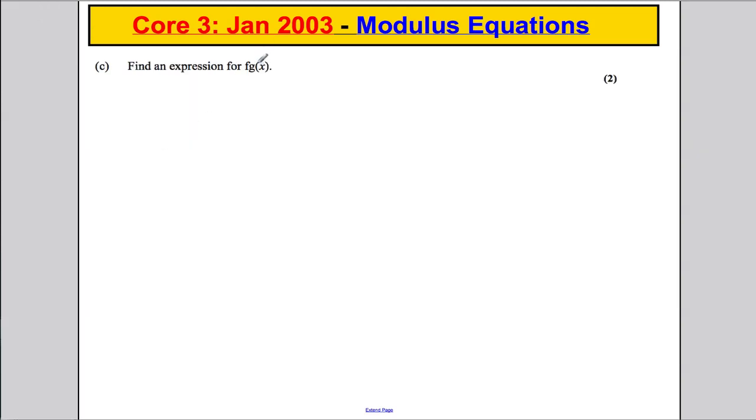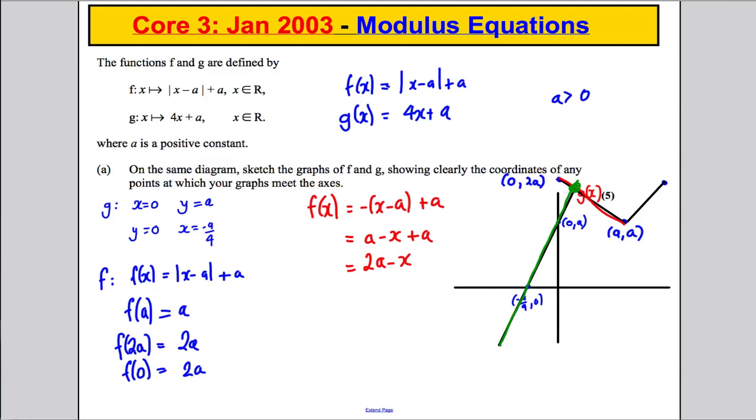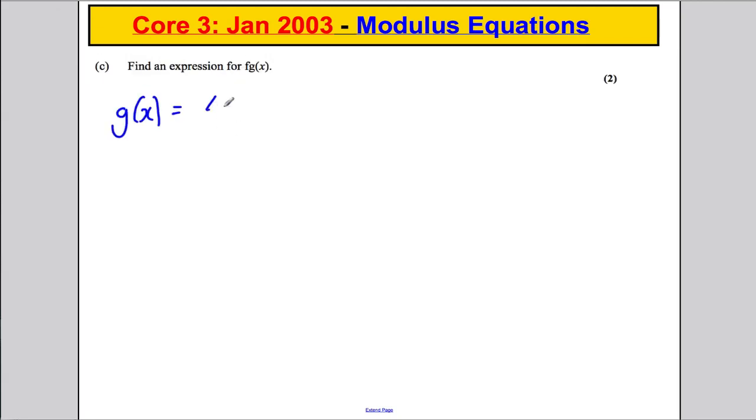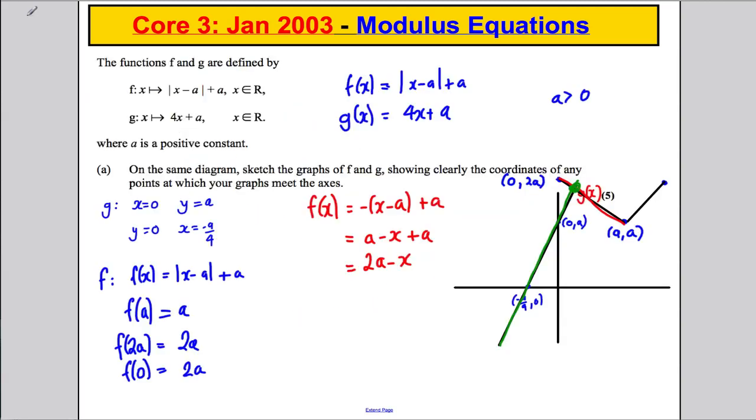Part 3, find an expression for f of g of x. Well, g of x, we were told previously, was 4x plus a. f of g of x must be what I get when I work out f of 4x plus a. So I'm going to put 4x plus a into this equation here.